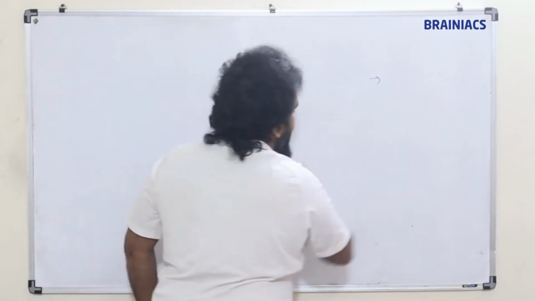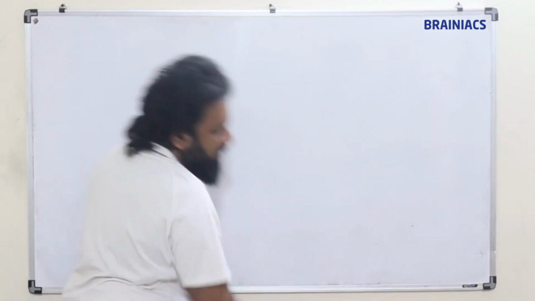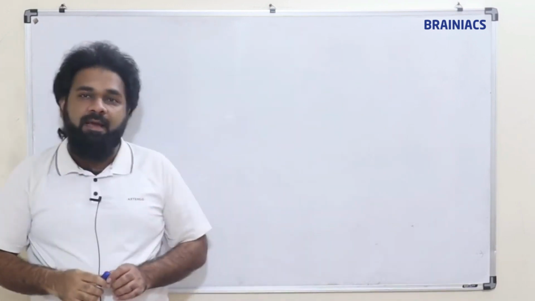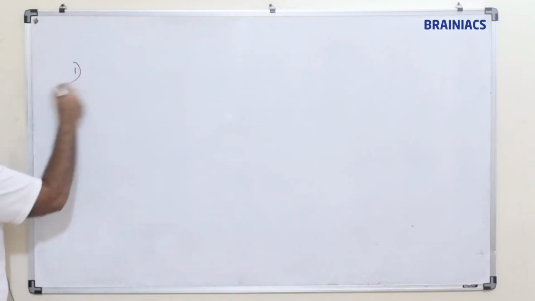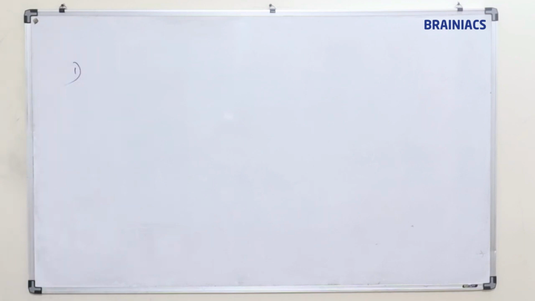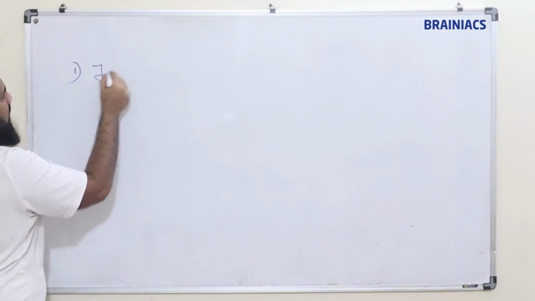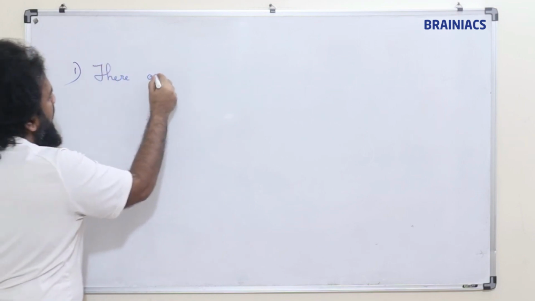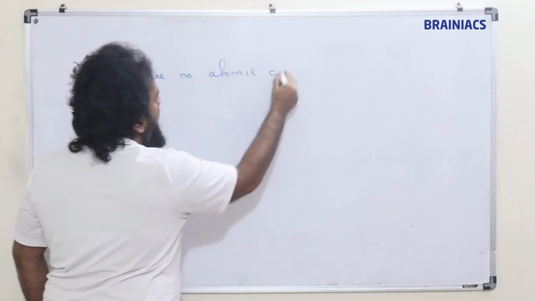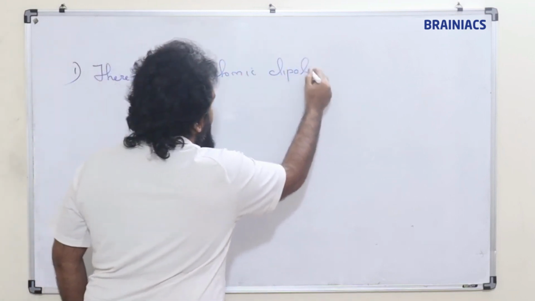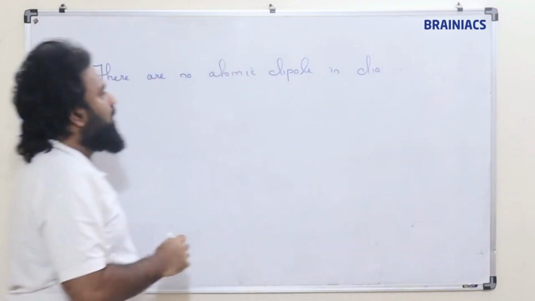So based on this understanding, we will write the properties of diamagnetic substances. Number one, there are no atomic dipoles in diamagnetic materials.